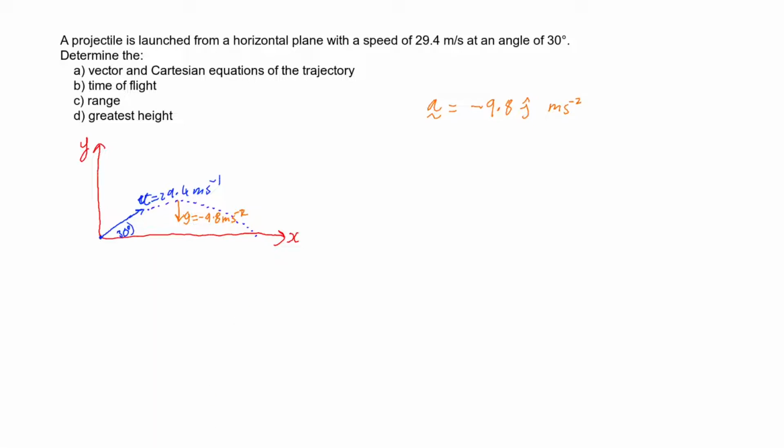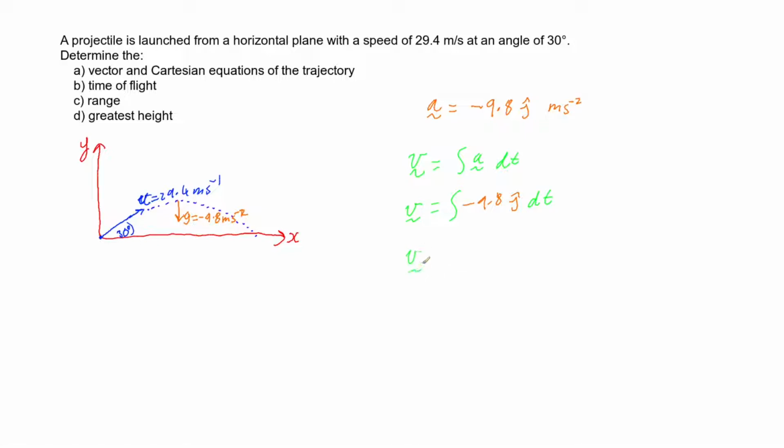Now from here, we can go to velocity. Velocity, as we know, is given by the integral of acceleration with respect to time. So we can integrate our negative 9.8 in the j direction with respect to time to get our velocity vector.